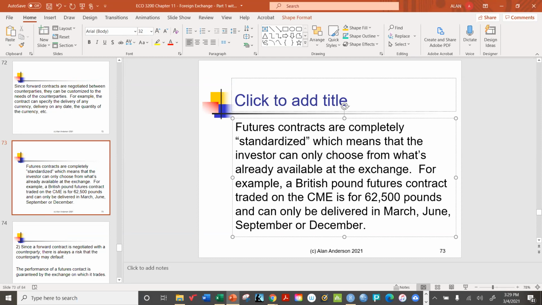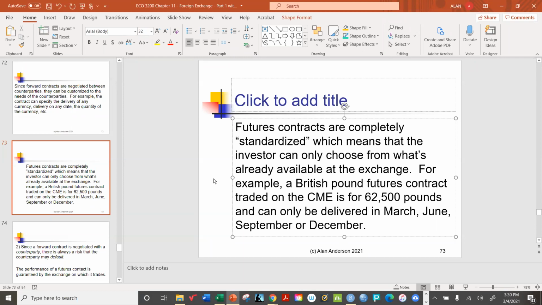So if you're fine with that, that's great. But if you need something else, this is not for you. Because let's say you need a very obscure currency that's not available at the CME, or you only need, let's say, 2,000 pounds and you need delivery in October. Well, that's not going to work for you. So you'd have to go back to a forward contract. But if you do need what they have, that really works very well.